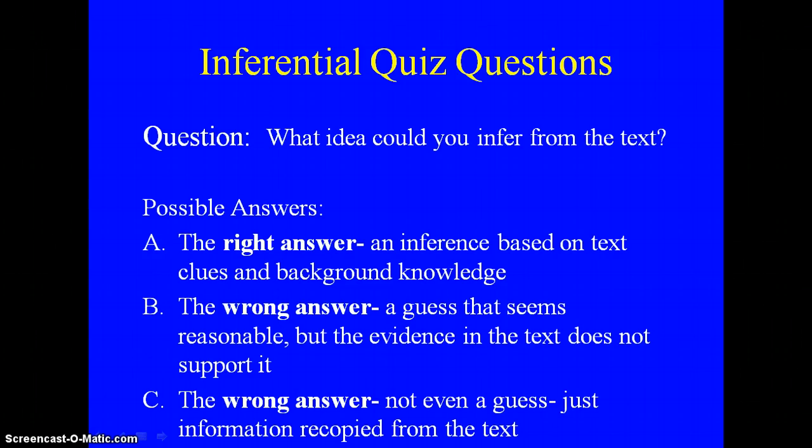The wrong answer would be a guess that seems reasonable, but there is no evidence in the text that supports it. You must have text-based evidence. Also, a wrong answer could be something that's not even a guess. It could be just information that you recopied from the text. And remember, inferences are never stated directly in the text.